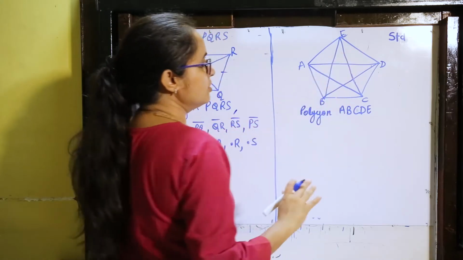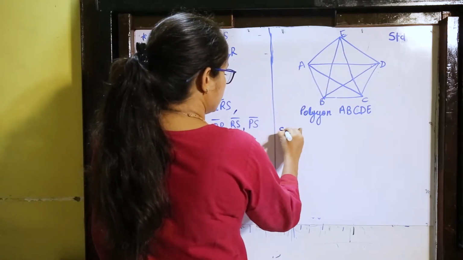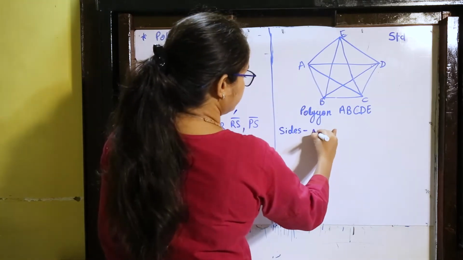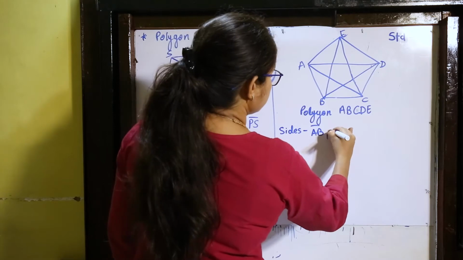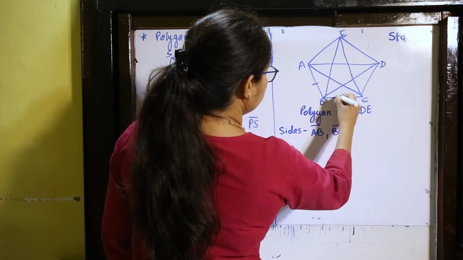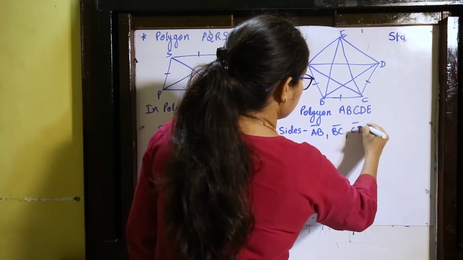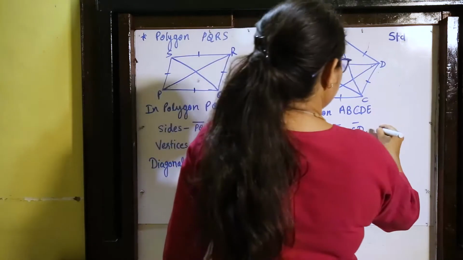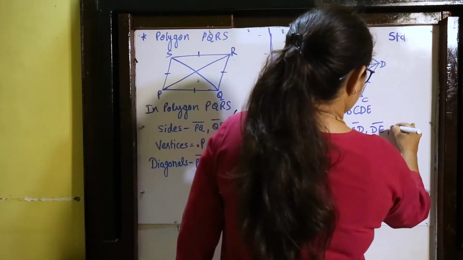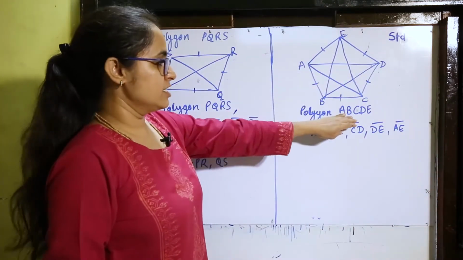Now we will move on to polygon ABCDE. So here also, sides. We have side AB, side BC, side CD, side DE and side AE. There are 5 sides in this polygon.